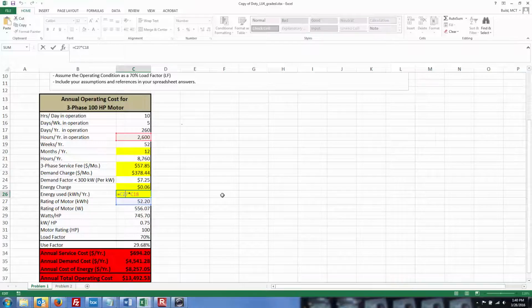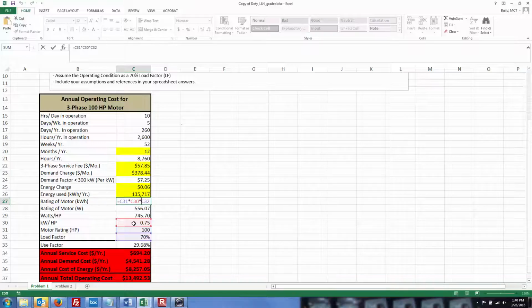So if it's going to run for that many kilowatts, let's just see exactly where that's coming from. Yeah, here's kind of the tricky part. Okay, so kilowatts per horsepower. Oh, I see why he's getting a little bit of a discrepancy, because there's actually 0.746 kilowatts per horsepower.